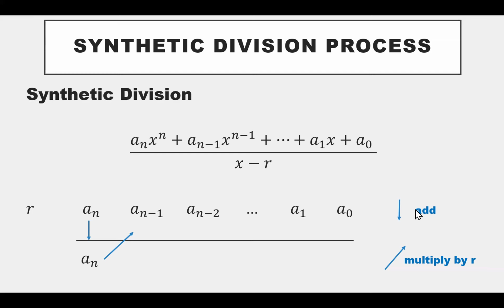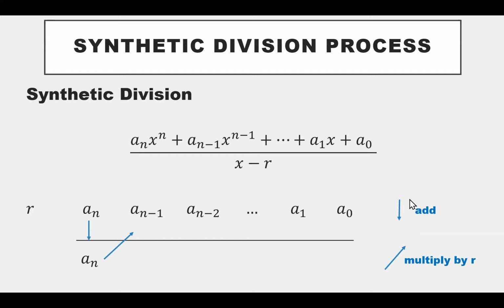When I do that, I will add these two terms and get something else. And then I'll multiply that thing by r and move it up and to the right. So each step on the bottom, I'll multiply by r and move up and to the right. And each step on top, I'll add the two numbers together and put it down.